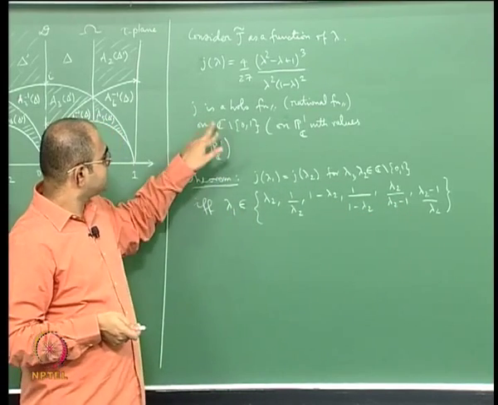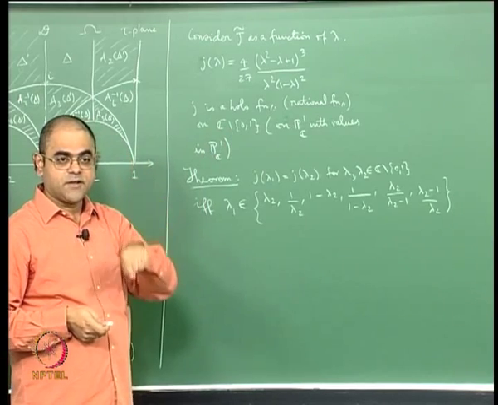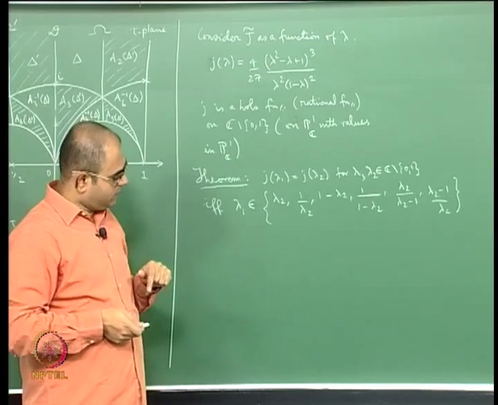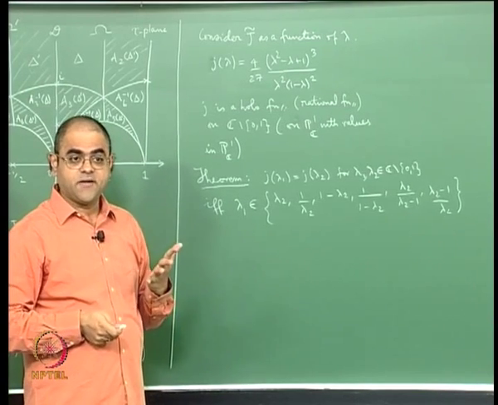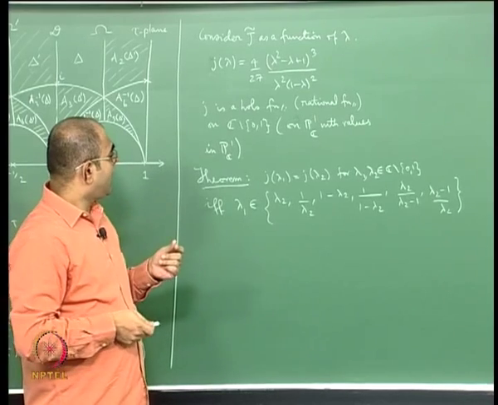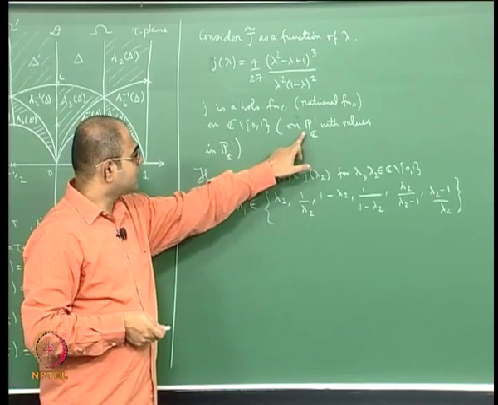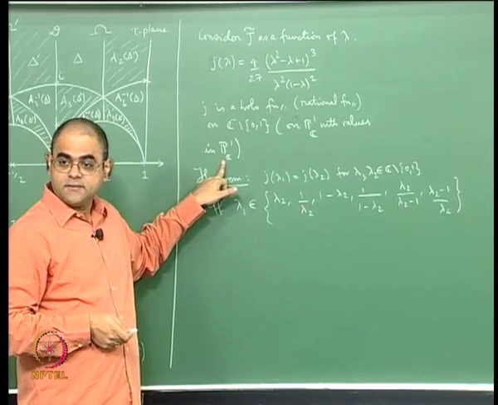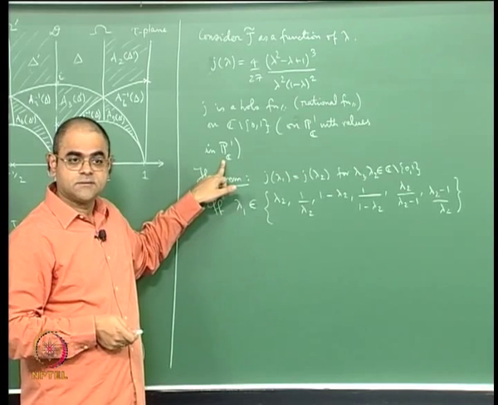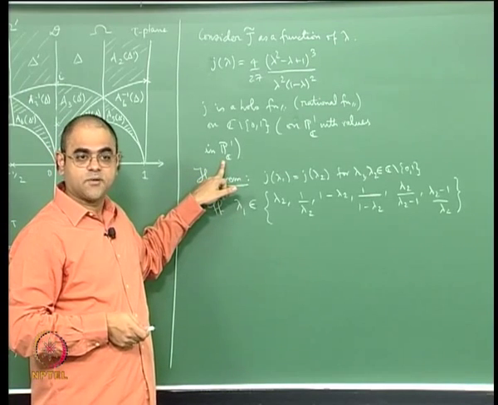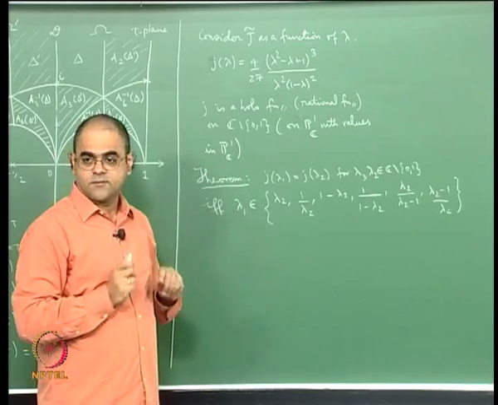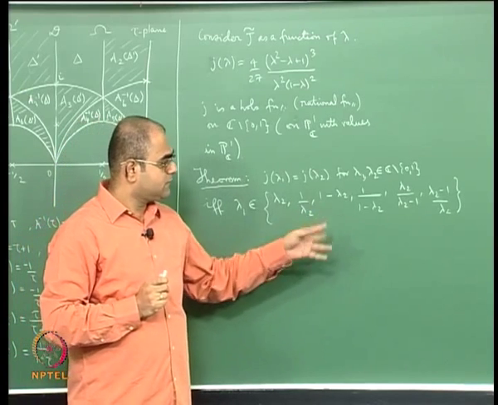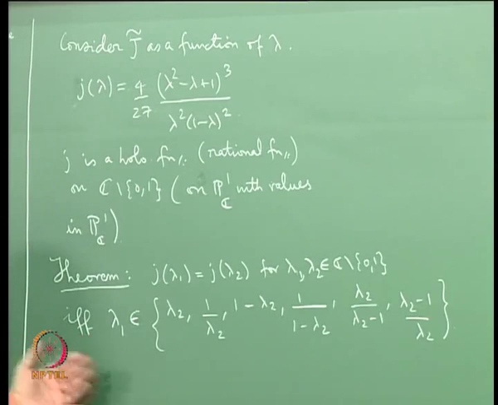And what happens is this map from C minus {0, 1} to C minus {0, 1} is actually a covering, it is a Galois covering, okay, and of course it is a ramified holomorphic covering, and if you look at it as a covering of the meromorphic functions on P1 over the meromorphic functions on P1, then it is actually a Galois extension, and the Galois group is actually the symmetric group on 3 elements, okay. So this is the Galois theory that is involved, which gives us the statement of this theorem, okay.